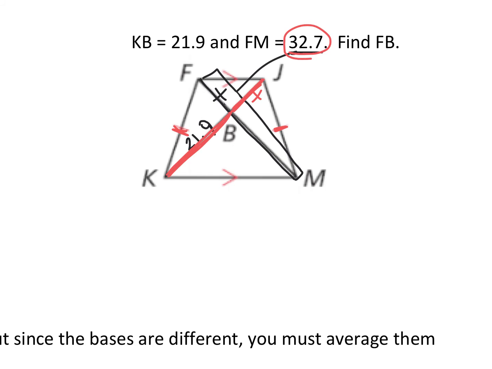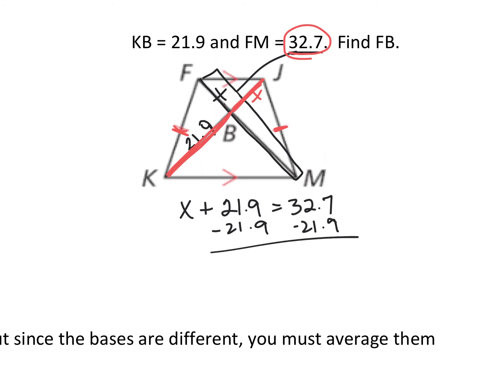So I have X plus 21.9 equals 32.7. Subtract both sides by 21.9, and I'm going to get that FB is 10.8 units.